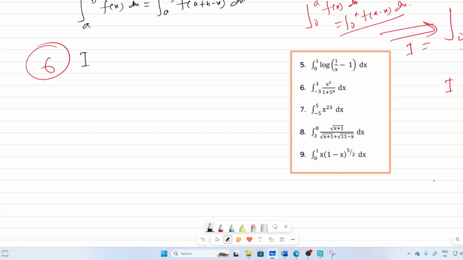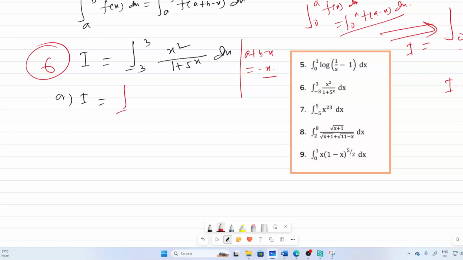So you take I equal to minus 3 to 3 x square by 1 plus 5 to the power x dx. What is a here? Minus 3, b is 3, so a plus b is 0. So a plus b minus x is minus x only. So minus 3 to 3, x you replace by minus x.